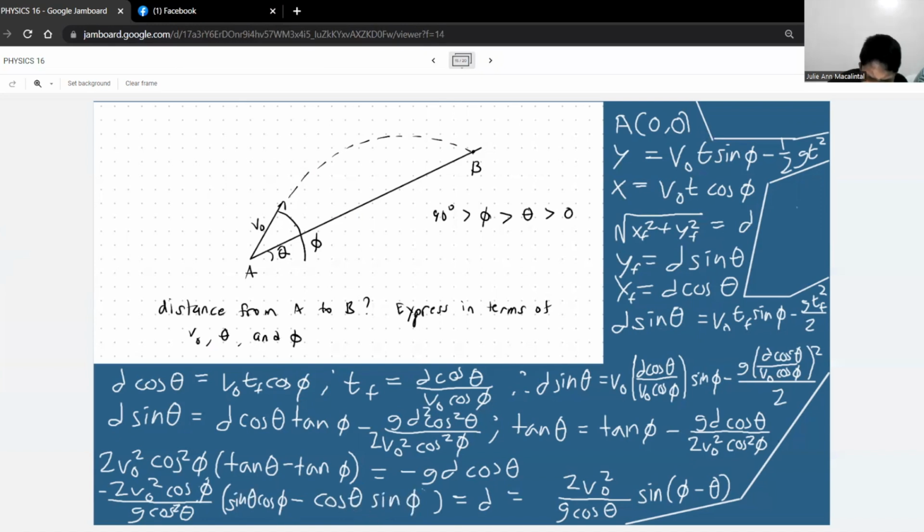Ano to? Tingnan mo yung factor ng v naught square. I think may issue kasi tingnan mo. Simula ka dun sa d sine theta equals d cosine, yung third line from the bottom. D sine theta equals d cosine theta tangent phi minus gd square cosine squared theta over 2v naught square cosine squared phi.